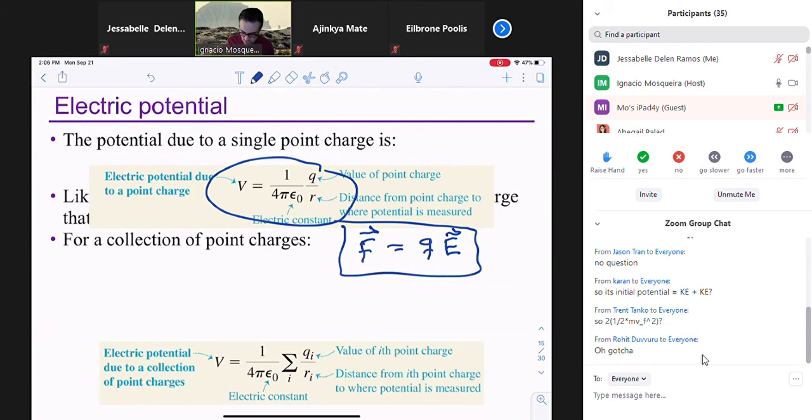So now we're doing a very similar thing. We're doing U, as in potential energy, and then we're going to say Q, and then times potential. That's pretty simple, but confusing at the same time, because this could have positive or negative charge.